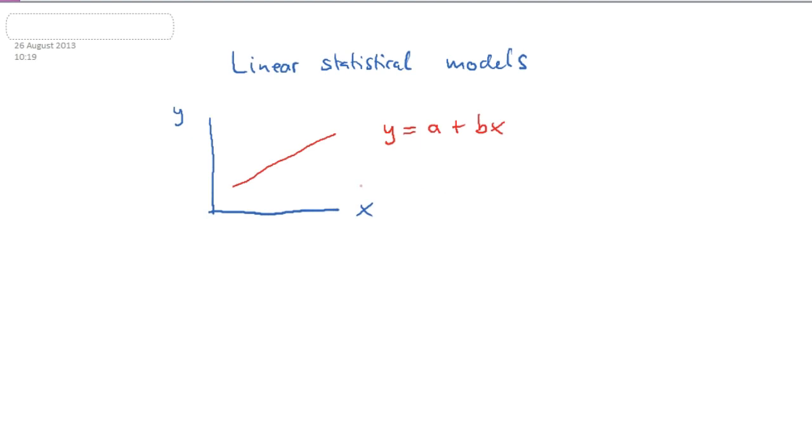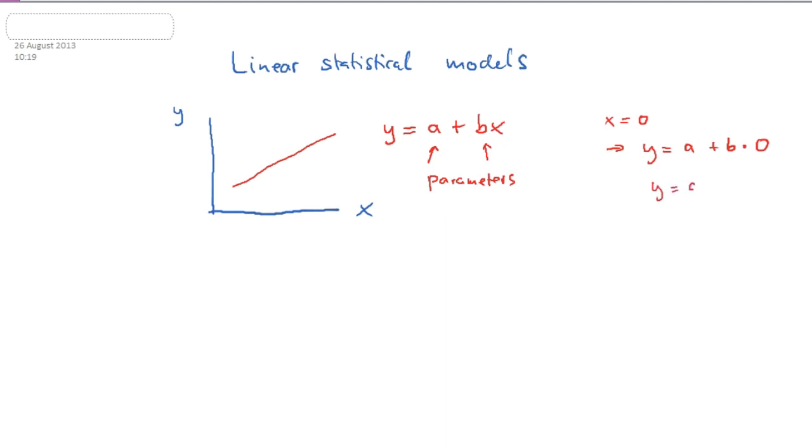Now, what are these parameters in this model? A and b. These are the parameters. And a is the value of y that the model assumes when x equals 0. So if x equals 0, then we have y equals a plus b times 0.